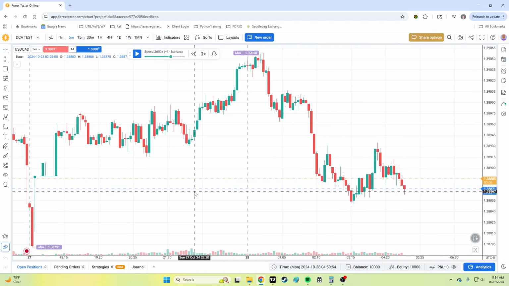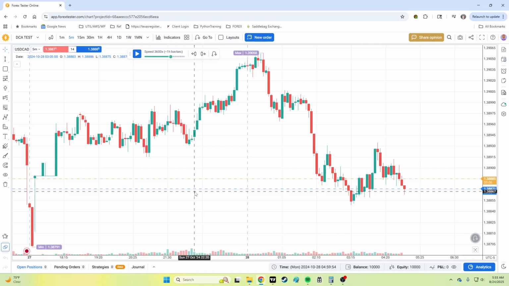The DCA that I'm going to be using, it's a little bit dangerous. It's going to be 0.1 contract. Well, actually, that's not bad on a $10,000 account, is it?